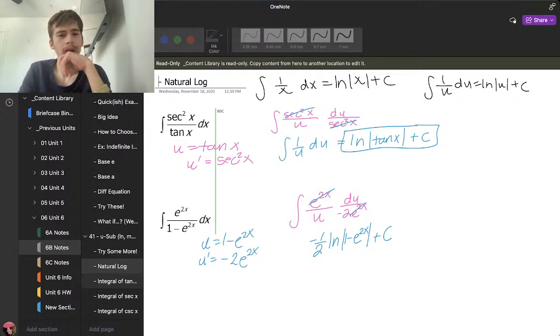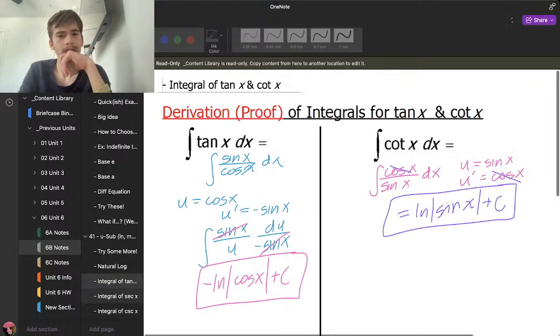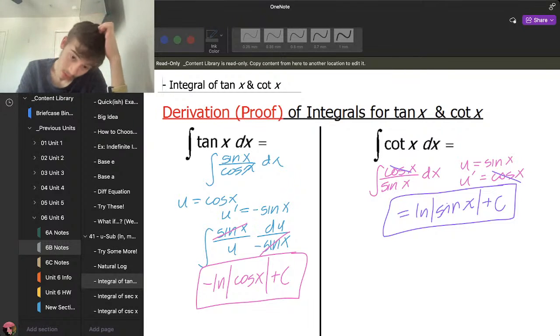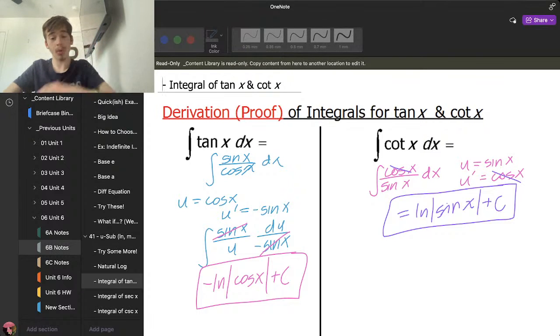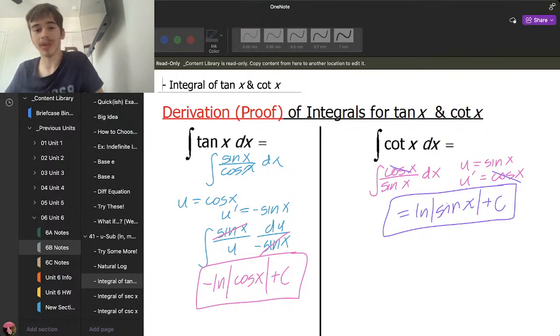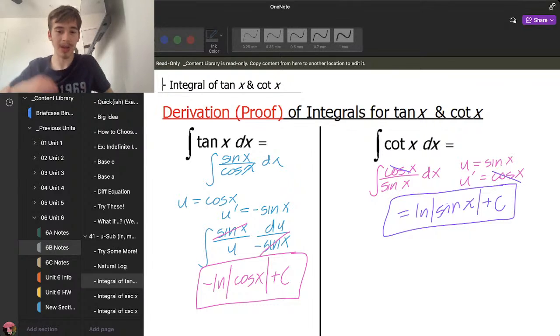Natural logs. Oh, these are important. Integral of tangent of x is negative natural log of cosine of x plus c, or natural log of absolute value of secant of x if you just bring that negative to the exponent. This is just something you have to memorize. And the integral of cotangent of x is natural log of absolute value of sine of x plus c.